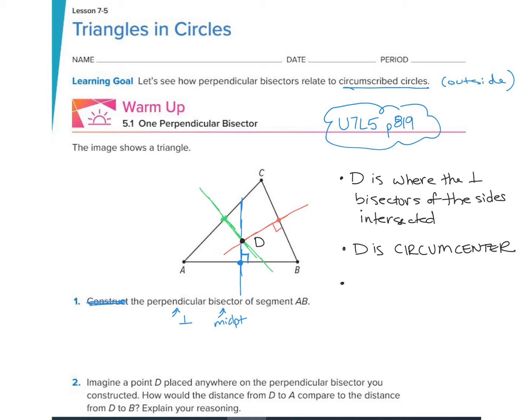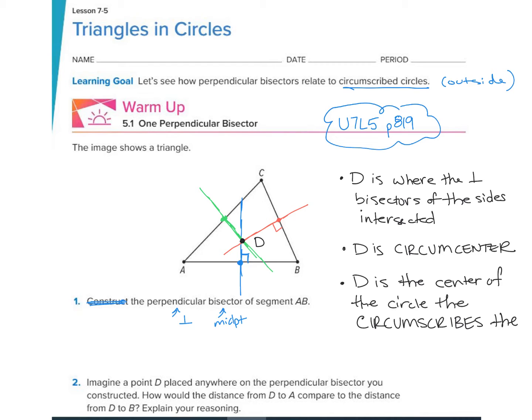And point D has something special. Point D is the center of the circle that circumscribes the triangle. I'm going to just abbreviate that with a symbol.